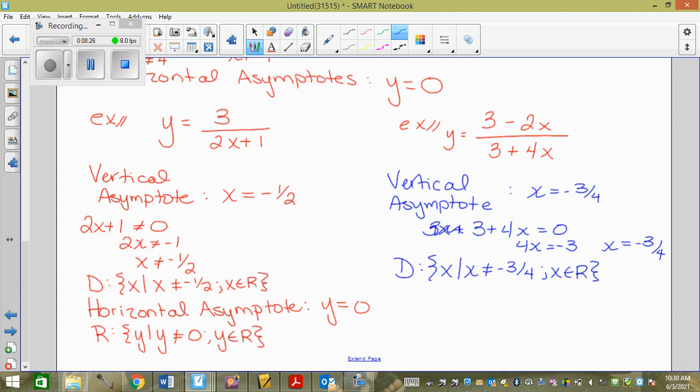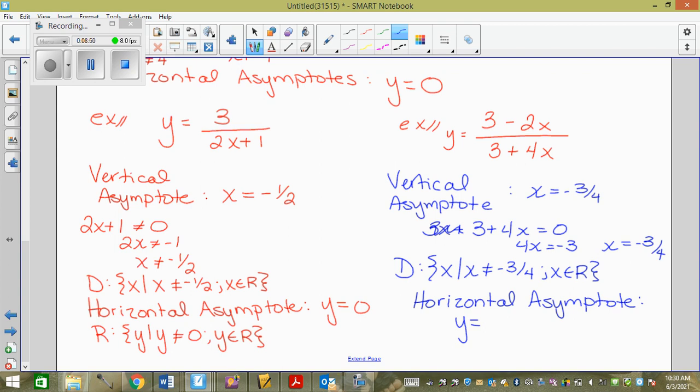And then we have a horizontal asymptote, which is going to be at y equals, and this one is actually what? The degree of the numerator is 1.